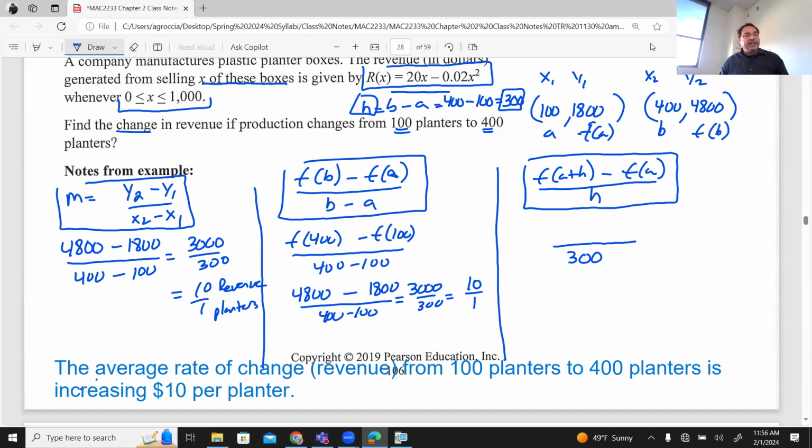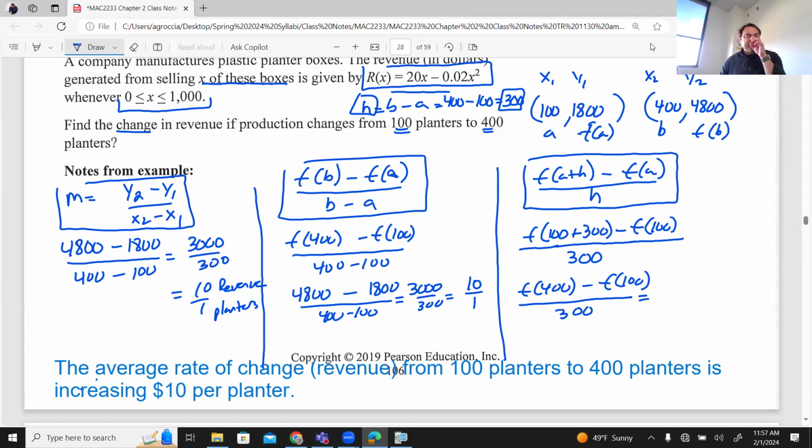Now, if we follow to the letter, this is f of a, which is 100, plus h, which is 300, minus f of a, which is 100. And again, I'm going to show every single step. 100 plus 300 is 400. So you have f of 400 minus f of 100 over 300.